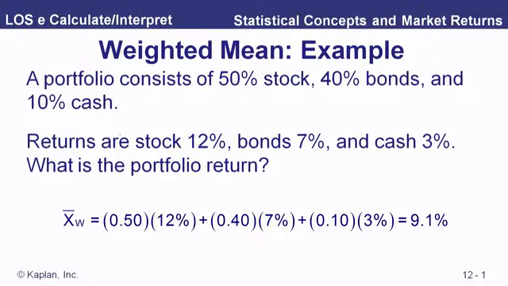Well, we use those weights, the percentage of the portfolio in each of these 3 assets, to calculate the portfolio return. So we put a 50% weight on the return on stocks, a 40% weight on the return on our bond index, and a 10% weight on the 3% return on cash. And that weighted mean tells us that our portfolio return under those assumptions is 9.1%.